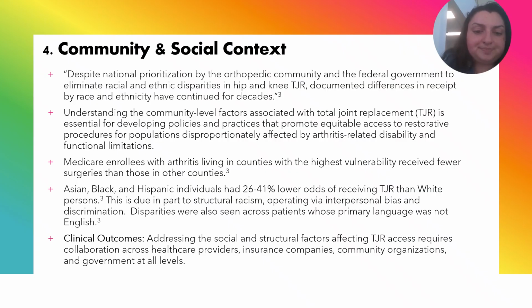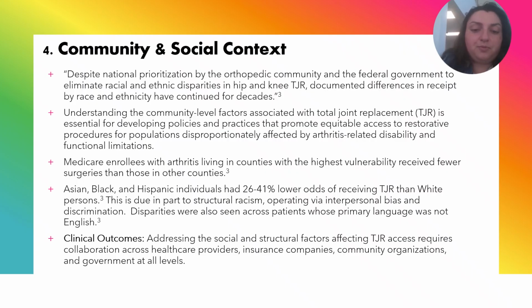For example, Asian, Black, and Hispanic individuals had 26 to 41% lower odds of receiving total joint replacement compared with white people. And this could be explained by structural racism, interpersonal bias, discrimination, and also disparities resulting from patients who do not speak English as their primary language, as this is a barrier to accessing healthcare and to pursuing surgery.